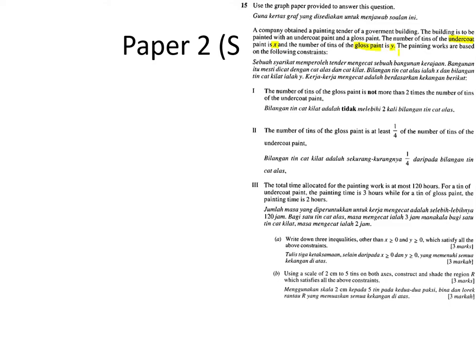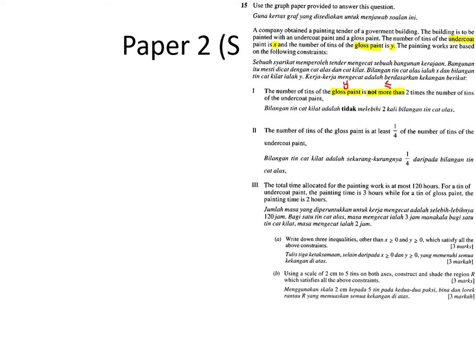So basically, this is what you want to draw in your graph later on. The paint works are based on the following constraints. First one, the number of tins of the gloss paint stands for Y, right? So we write down the Y here. Is not more than, we use the symbol of less than or equal to. It can be that value, but cannot be more than that value.